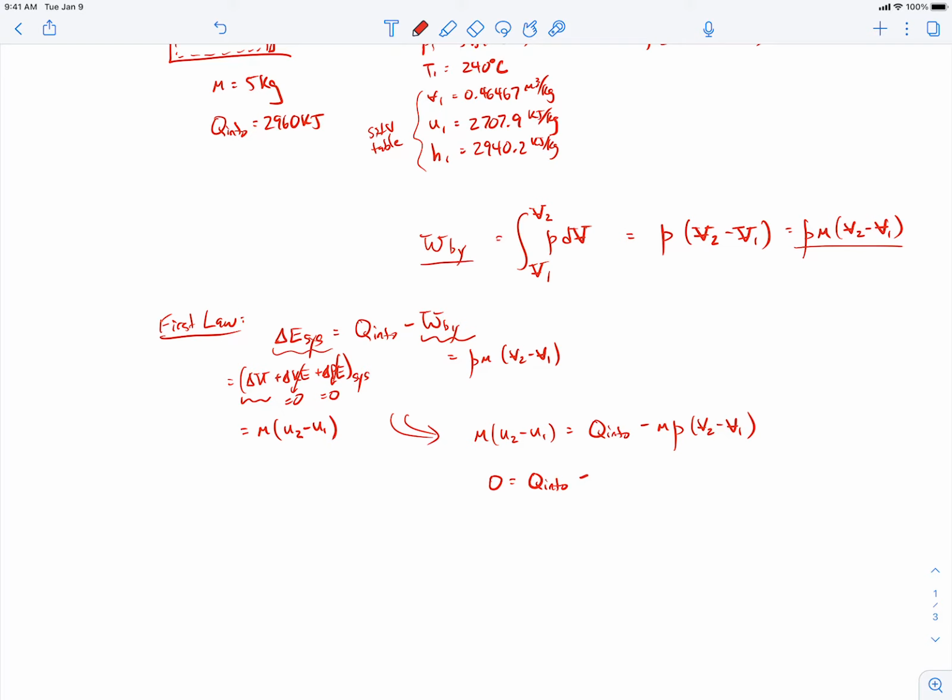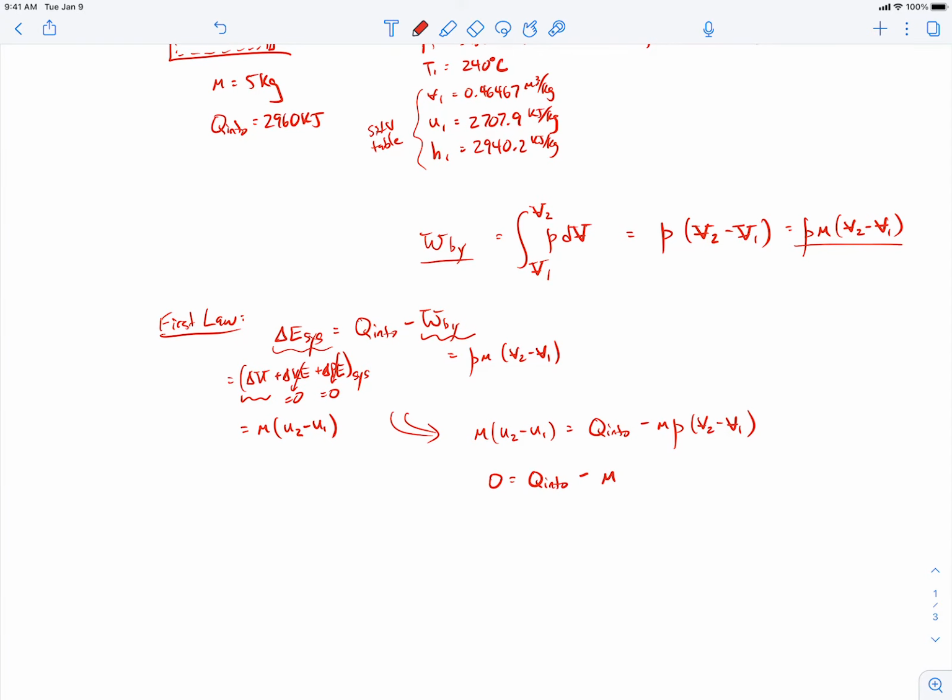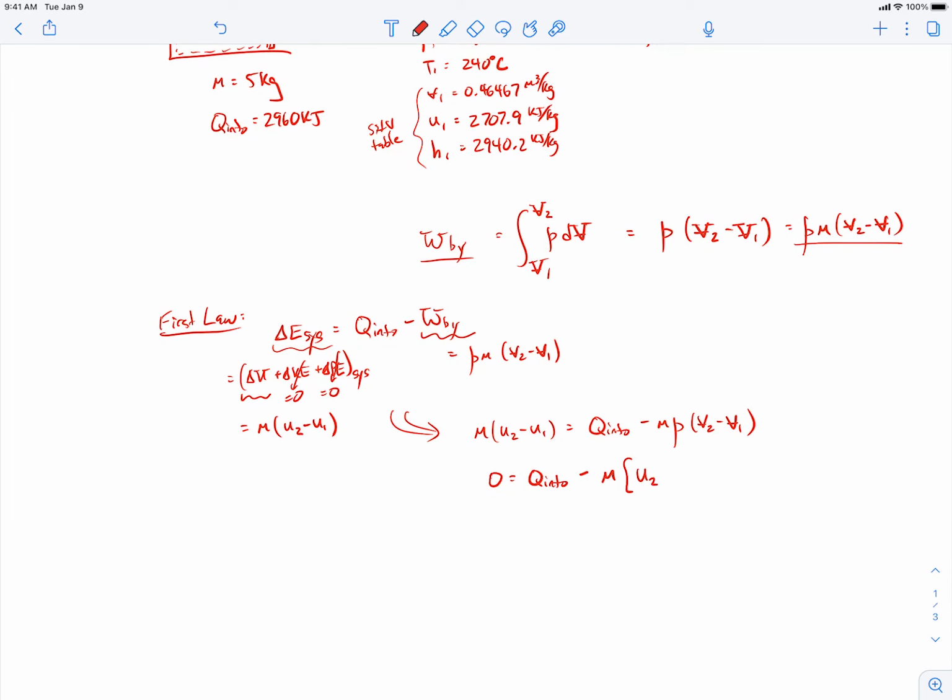So here we'll have the mass times U2 plus PV2 minus U1 plus PV1. Let me make sure I'm getting my signs correct. Yeah, there, I think I have all my signs correct.